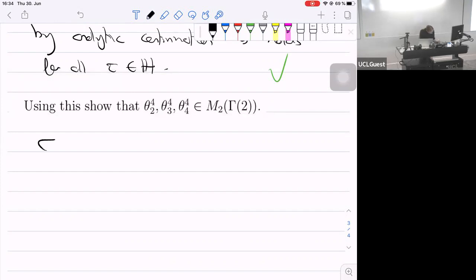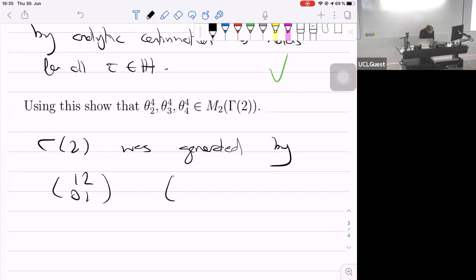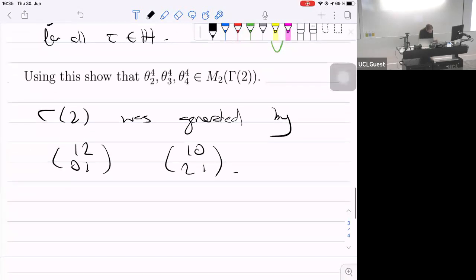So if we recall, gamma 2 is generated freely by matrices (1, 2, 0, 1) and (1, 0, 2, 1). So to check these things are modular forms of weight 2 for gamma 2, we just need to check they transform correctly under these two generators.